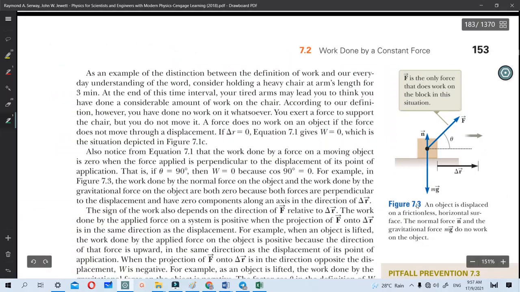Now, let's troubleshoot example 7.3. In this example, we have three forces that act simultaneously on this block, and the block moves a distance of R. But the issue is, which of these three forces provides the work? It's only one sahaja, satu sahaja. Not this one and not this one, because they are perpendicular.